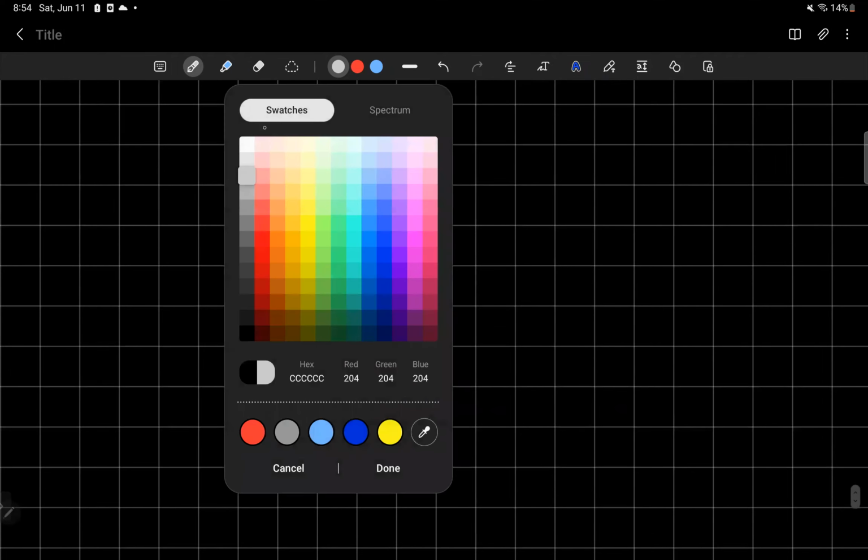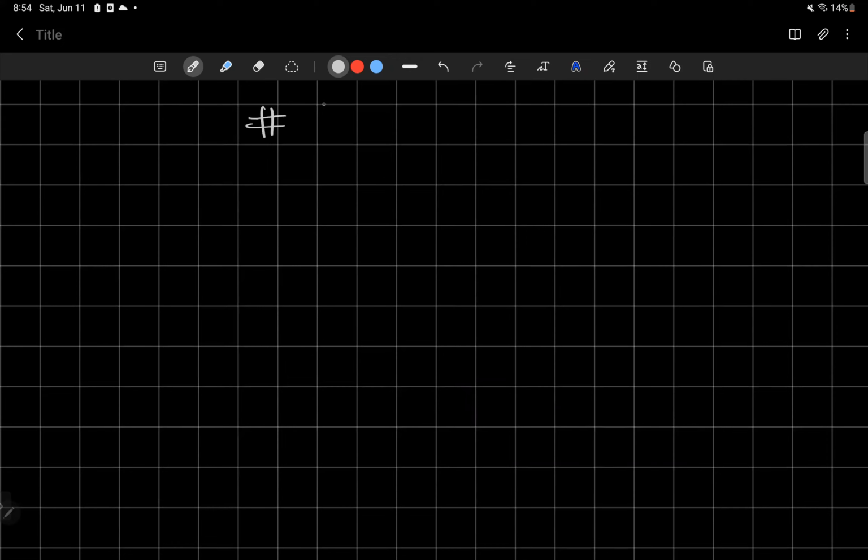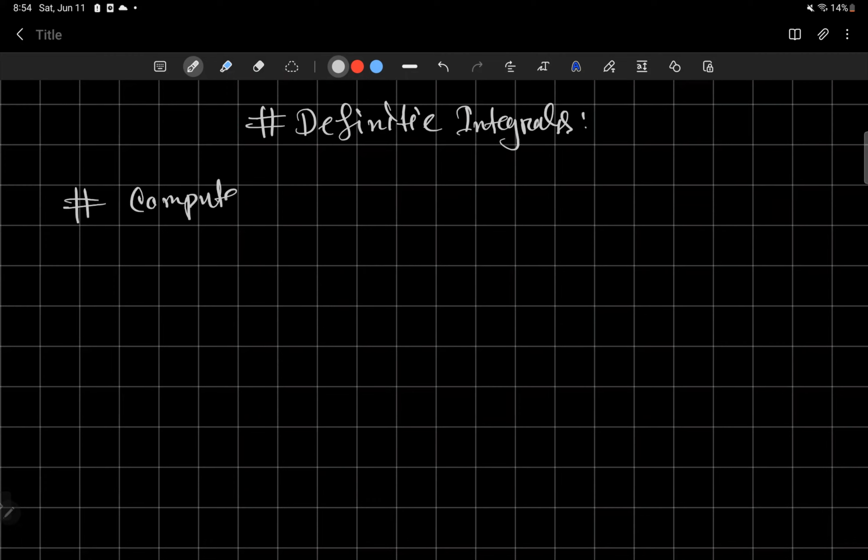So this is when we give some meaning to integration in definite integrals. The idea was to compute the area under the curve. What do I mean by that?